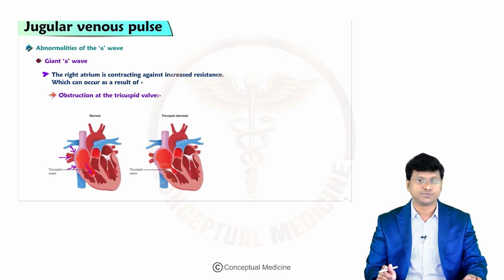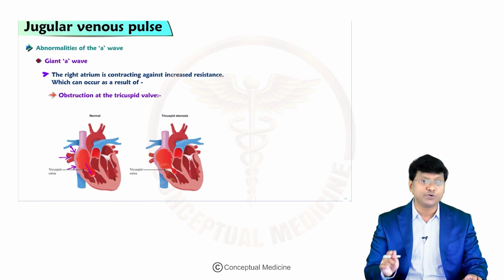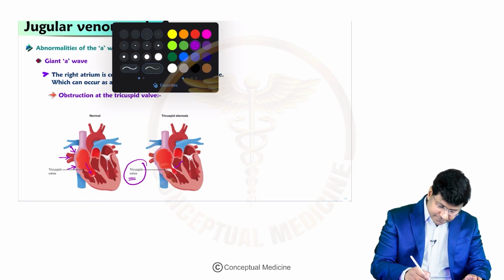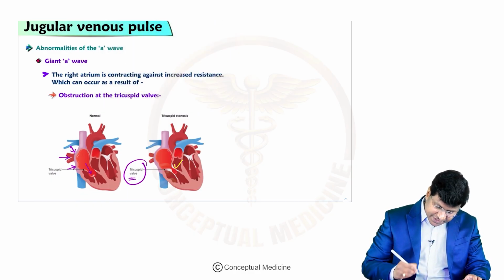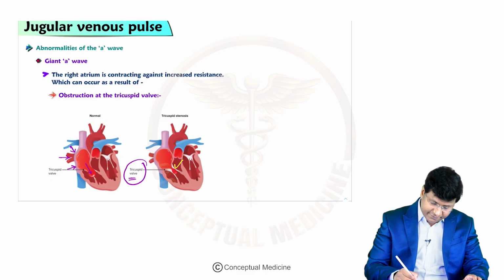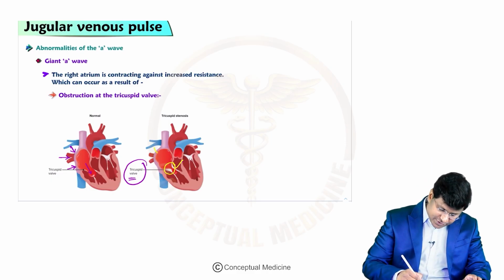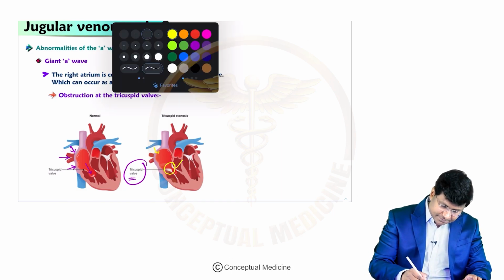But suppose there is an obstruction at the level of the tricuspid valve, then the right atrium has to contract very strongly.